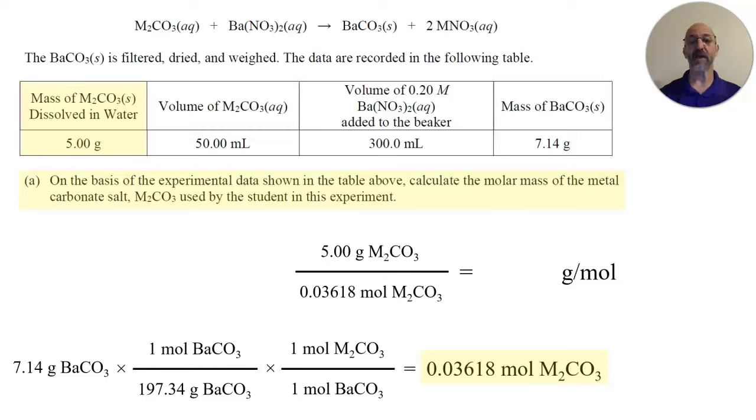If I do that math, 5 divided by 0.03618, I get approximately 138.2. So 138 grams per mole, that is the answer to part A. And now that I know that the molar mass of the metal carbonate salt that was used in the experiment is 138 grams per mole, I can now move on to answer part B of this question.